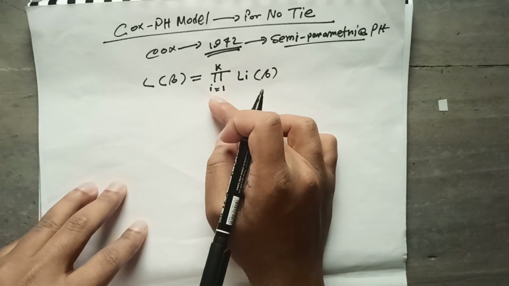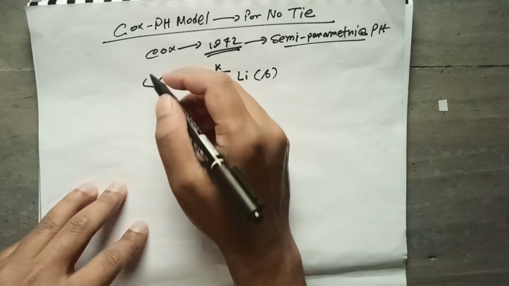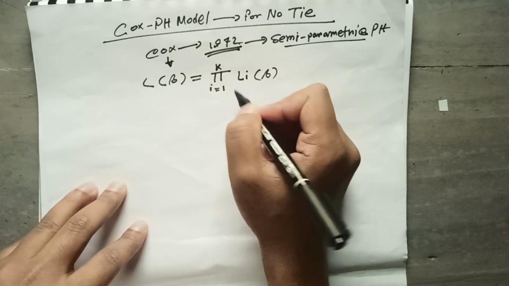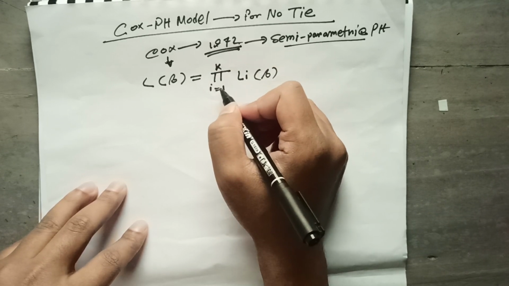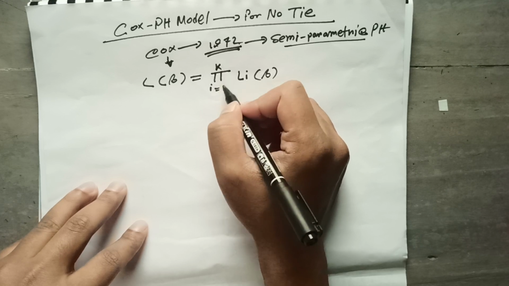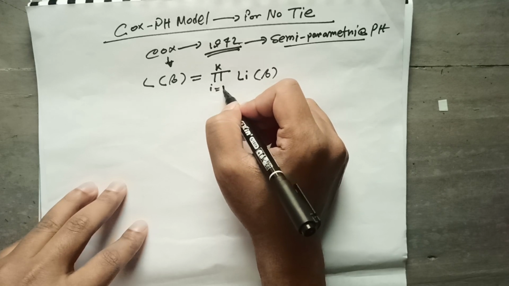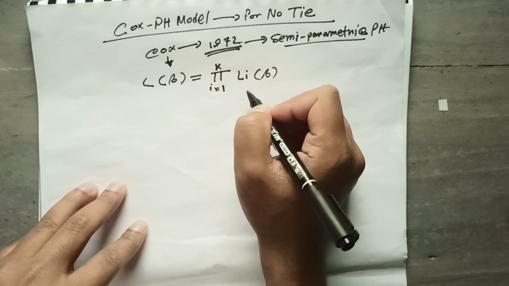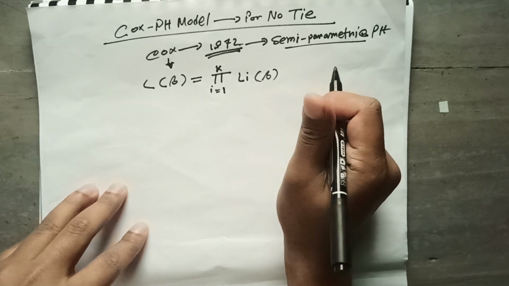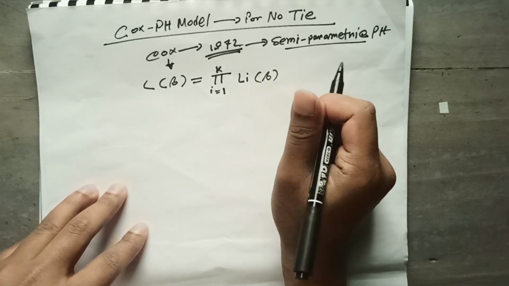That is the kind of likelihood that Cox proposed in 1972. What is the meaning of k? K is the number of ordered time points, beginning with 1 up to k, and beta is a parameter of interest that we would like to estimate in future.